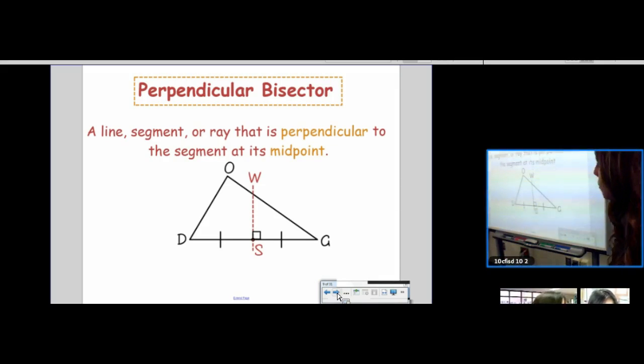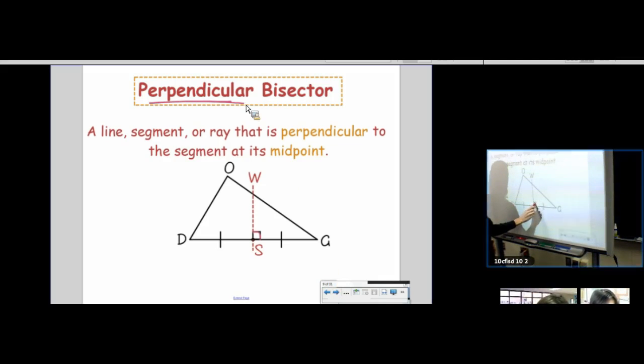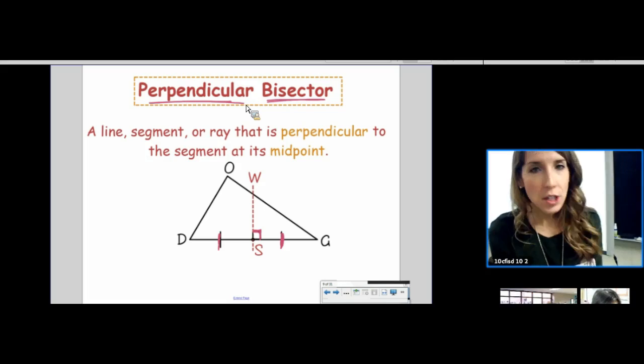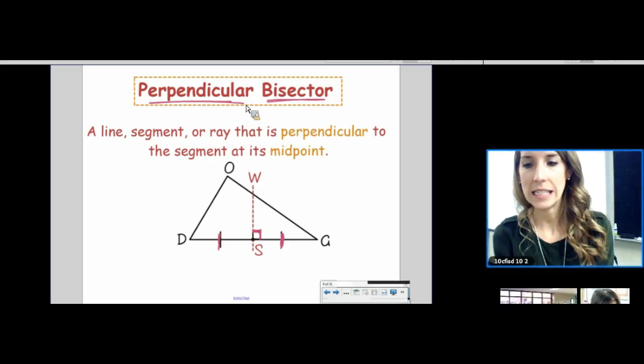So there's two words in this special segment, and each word gets a symbol. Perpendicular means add a 90-degree angle marking. Bisector means add tick marks. So we're going to take a side of the triangle, and we're going to draw the perpendicular bisector of that side.